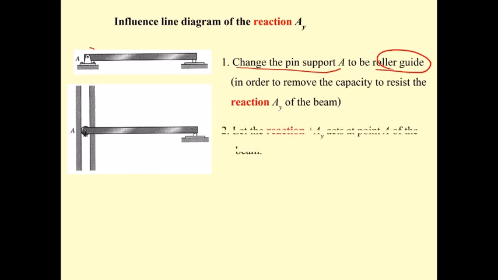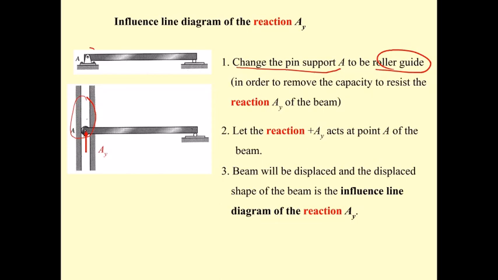And then you put the reaction A sub y and move this one up by 1.0 unit. And then the shape of this beam is going to change to be like this, the dashed blue line.